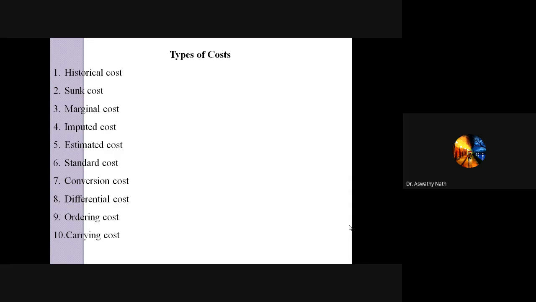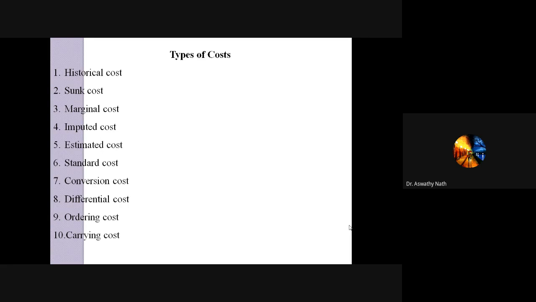So next is differential cost. Differential cost means the difference in cost between two levels of activities. So, if the change increases the cost, it is known as incremental cost. And if the change decreases the cost, it is known as decremental cost. Okay, so that's differential cost.